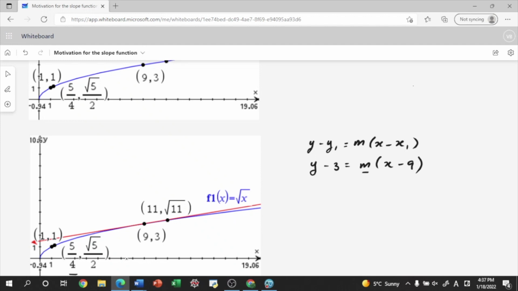If you're willing to trust me though, I'll give it to you. m at this point (9, 3) is equal to 1 over 6. And this allows us to continue. So we have here y minus 3 is equal to 1 over 6 into x minus 9. And a little bit of simplification later, we get y is equal to x over 6 plus 3 over 2.